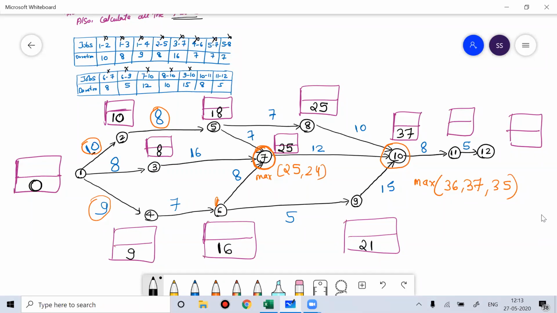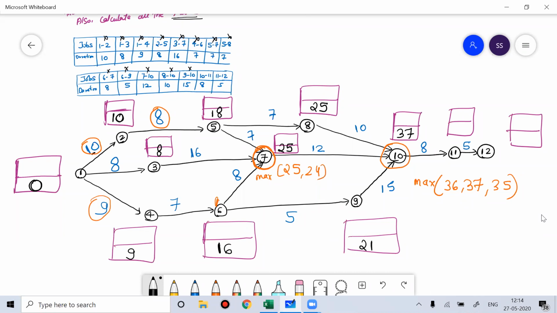And 9 to 10 will get over after 36 hours. So you have to understand when you can start working after node 10. At node 10, 3 activities are getting over: one after 35 hours, the other after 36 hours, and the other after 37 hours.